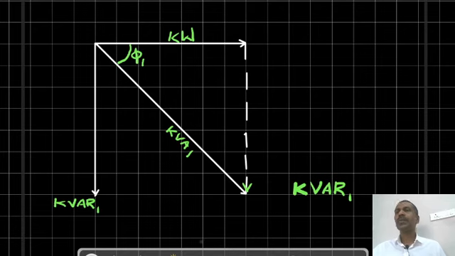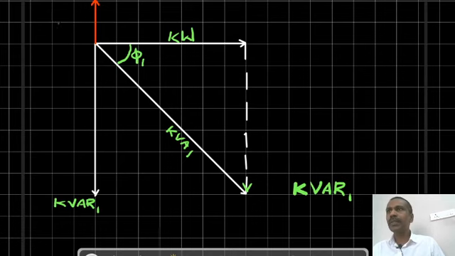Now suppose we are connecting a capacitor bank. So the capacitor bank supplies reactive power to the system. Suppose this is the reactive power supplied by the capacitor bank.